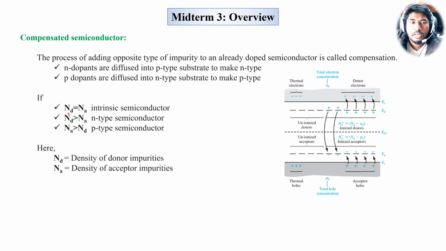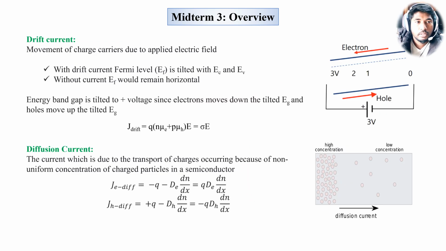If donor impurity is equal to acceptor impurity, then intrinsic semiconductor is created. And when Nd is greater than Na, then n-type semiconductor. When Na is greater than Nd, then p-type semiconductor, right? And all these phenomena are explained in this figure, right? The next is the last topic for midterm 3.